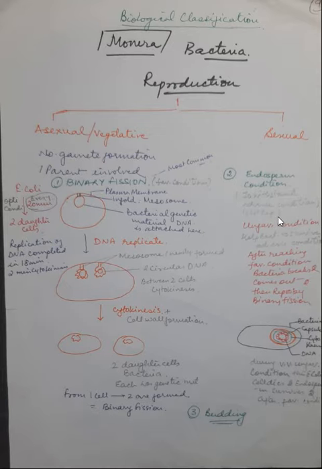Whenever there is an unfavorable condition, the endospore helps bacteria to survive, and during this adverse condition a thick covering takes place around the bacteria, and that helps to protect it. After reaching the favorable condition, the endospore cover breaks, the bacteria comes out, and then it reproduces by binary fission.